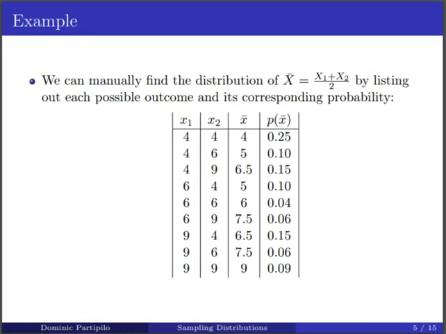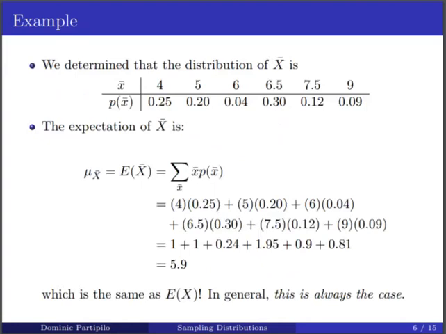So for 5, the probability of getting a sample mean of 5 is 0.1 plus 0.1. So the probability of getting a sample mean of 5 is going to be 0.2. So now we can clean up this table by grouping those together. So when we group those together, we get something like this.